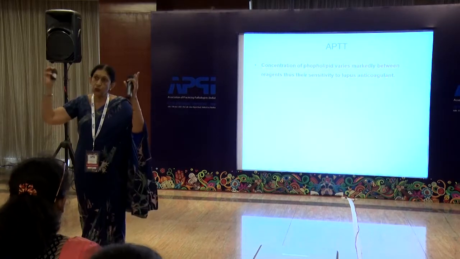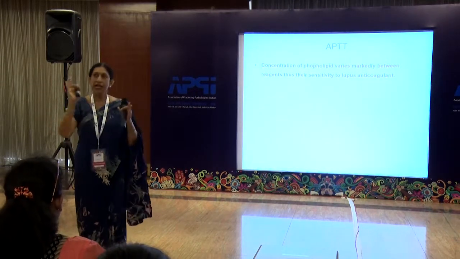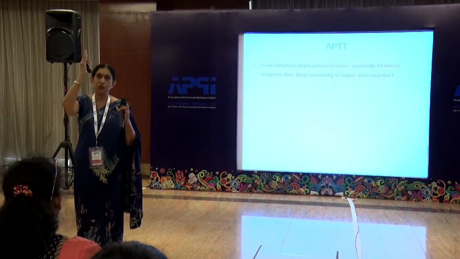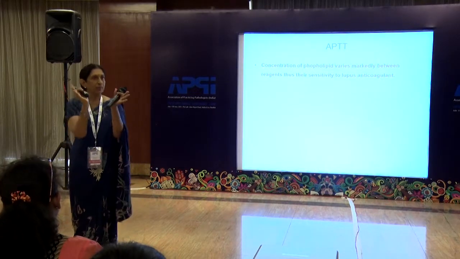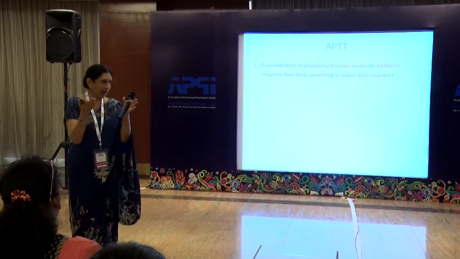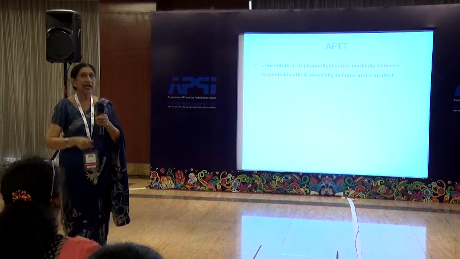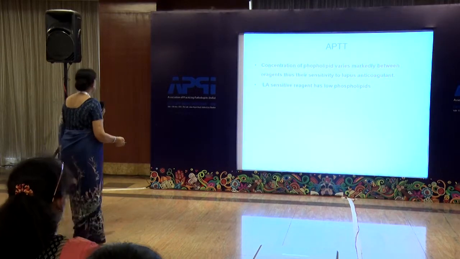We keep 2 reagents in our lab, always, factor sensitive and lupus sensitive. There are some companies which give you the choice of another 3rd reagent, which is equally sensitive to both factor and lupus. Please choose your reagent very, very carefully.